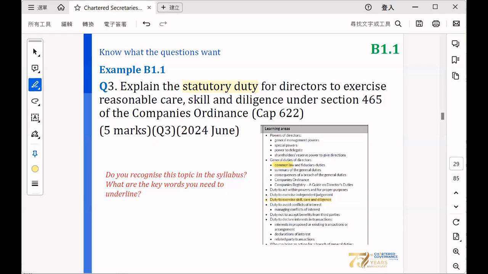So what is the difference between a subjective test and an objective test? You may think that the objective test is the minimum knowledge that you require to perform the function as a director. Remember, director here means all the directors. It could be the chairman, the executive directors, as well as non-executive directors and independent non-executive directors.